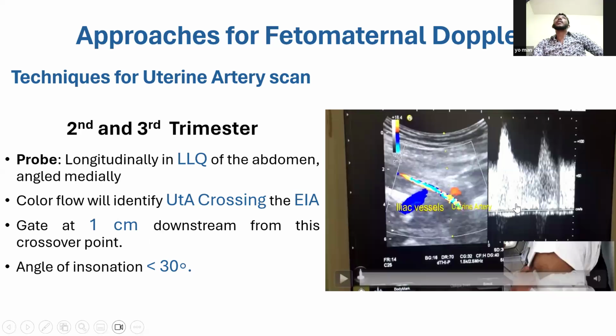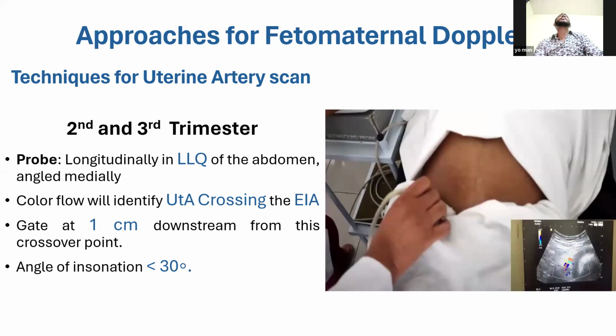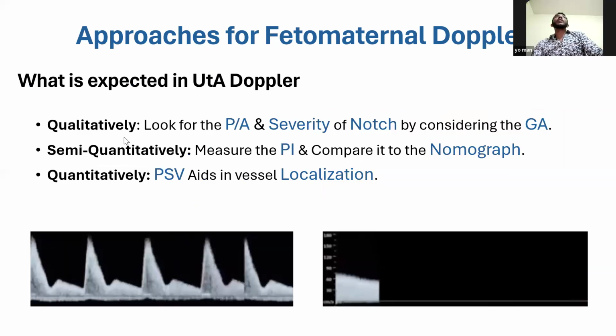So the Doppler gate must be placed 1 centimeter downstream. The angle of insonation, as I told you before, should be less than 30, and it would be preferable if the angle is closer to 30 than 60. But as long as we want the PI value in evaluating the uterine artery, it's not that important to care about the angle of insonation. Okay.